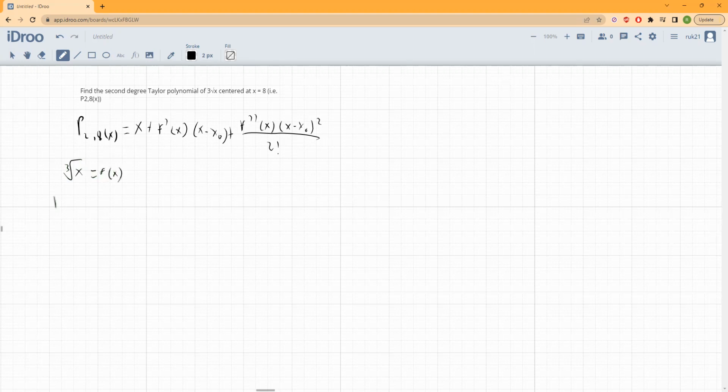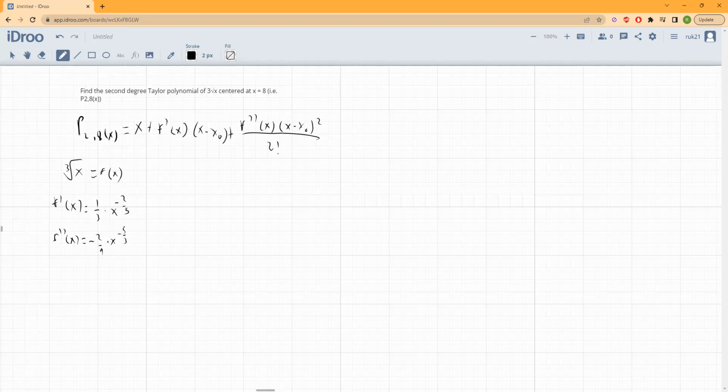Then f prime at x is equal to 1 over 3 times x to the power of negative 2/3. And then f double prime at x is equal to negative 2/9 times x to the power of negative 5/3.